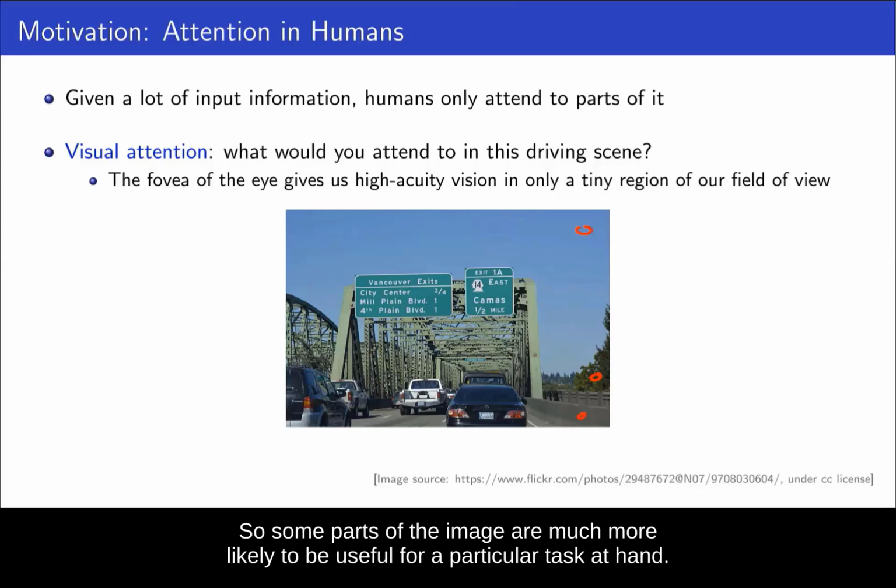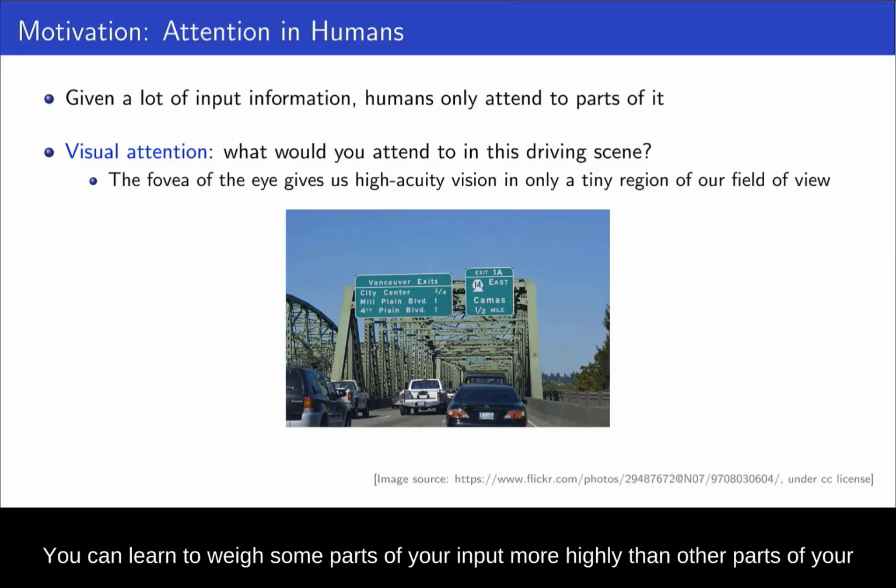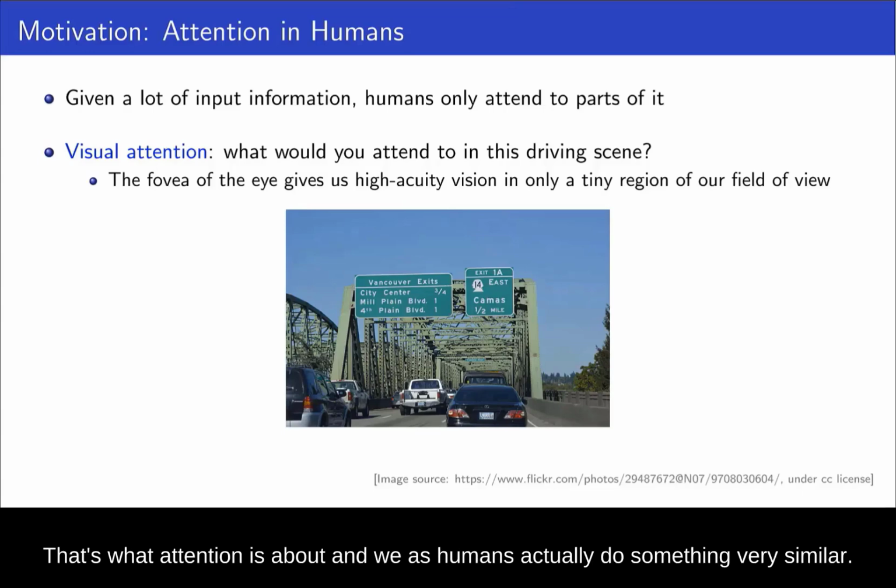So some parts of the image are much more likely to be useful for a particular task at hand. And you can learn to weigh some parts of your input more highly than other parts of your input. That's what attention is about, and we as humans actually do something very similar.